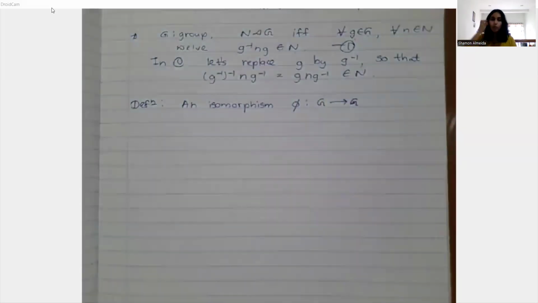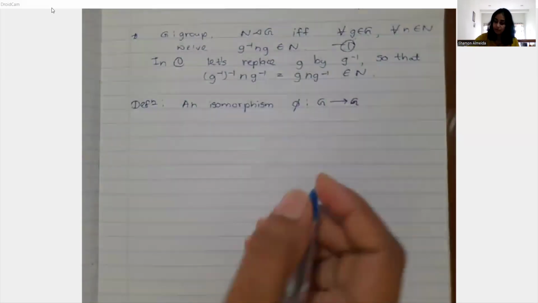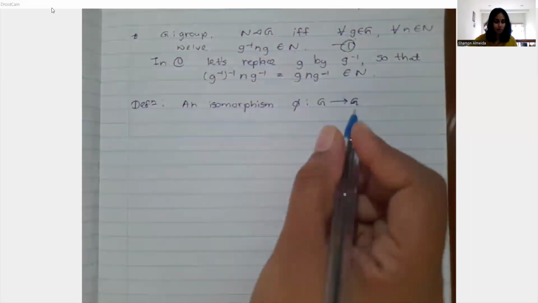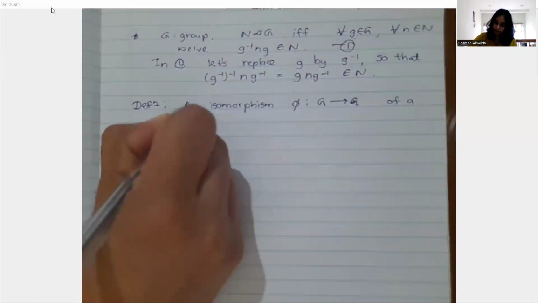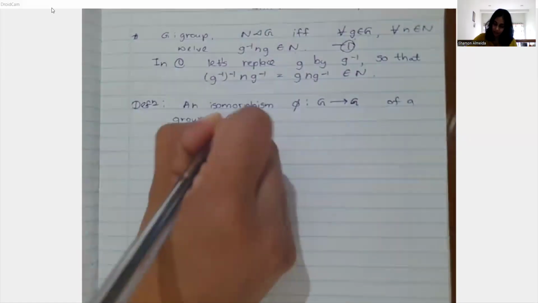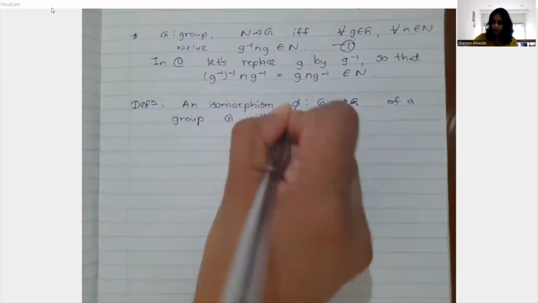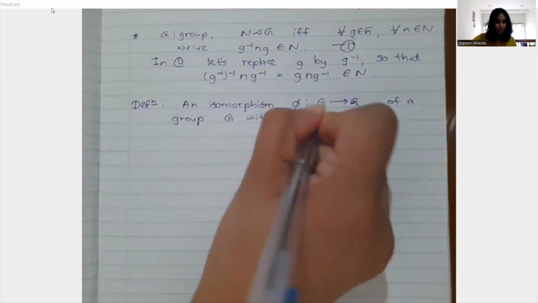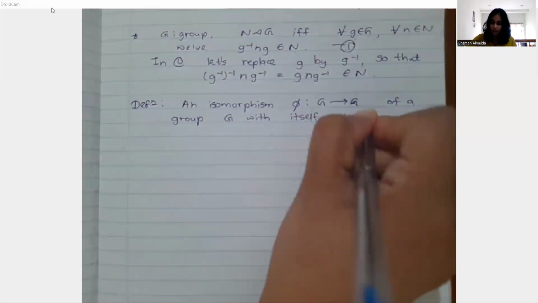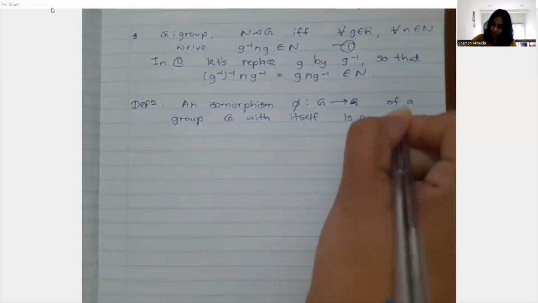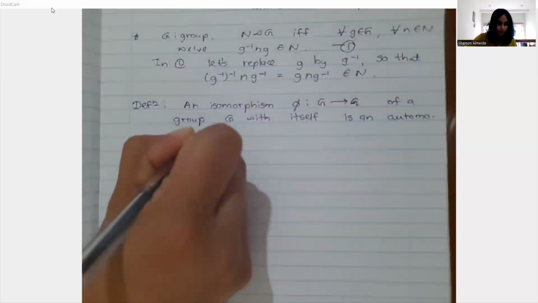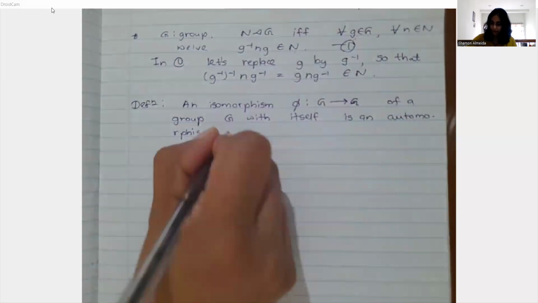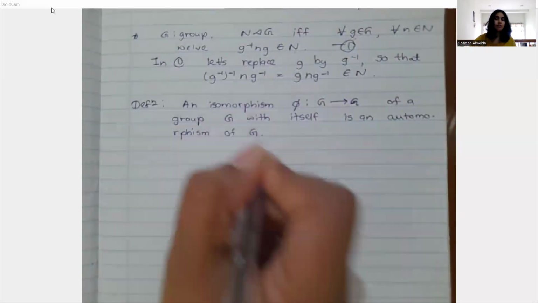So it's a bijective homomorphism from G to itself. An isomorphism phi from G to G of a group G with itself is an automorphism of G.